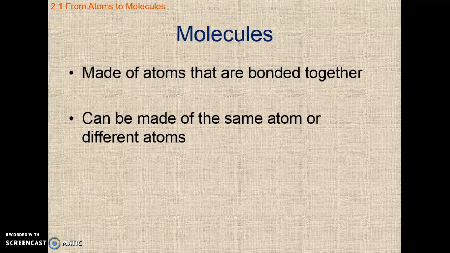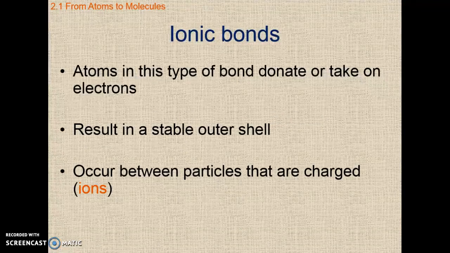All right, molecules are made of atoms that are bonded together. They can be the same atom or they can be different atoms. And a lot of times, molecules are going to be created by ionic bonds. So atoms in this type of bond donate or take on electrons. If you remember, those electrons orbit the nucleus, and sometimes those atoms can move over to the next atom in the process of an ionic bond.